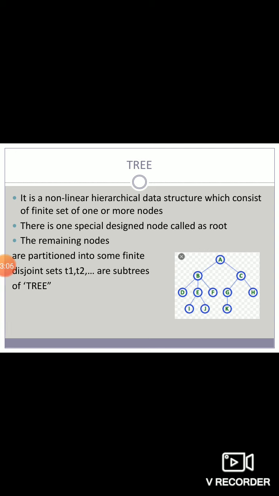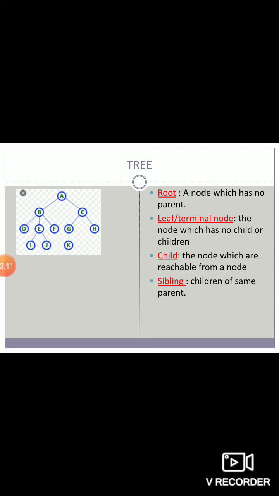Now we will see certain concepts related to tree. First is the root. What is a root? A node which has no parent. That means the starting of my tree diagram, the origin of my tree. Next, the leaf, or terminal node.